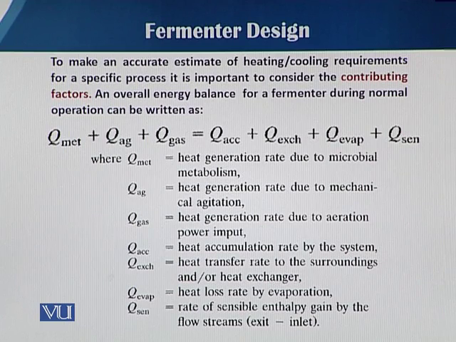And then Q sen is the rate of sensible enthalpy gained by the flow stream, so when there is a flow, it absorbs some heat energy. According to this equation, if we know all these factors, then we can estimate the actual heat required to be exchanged.